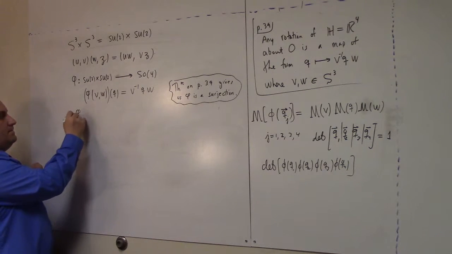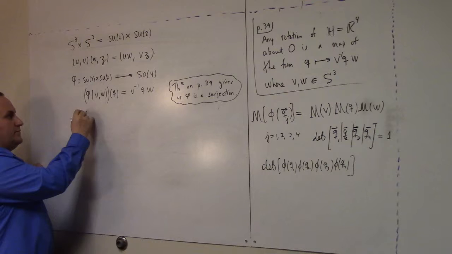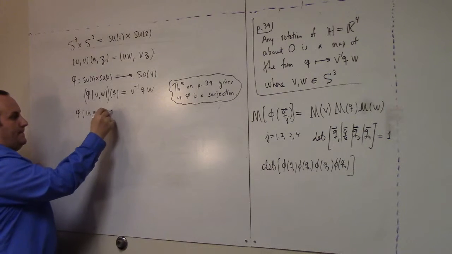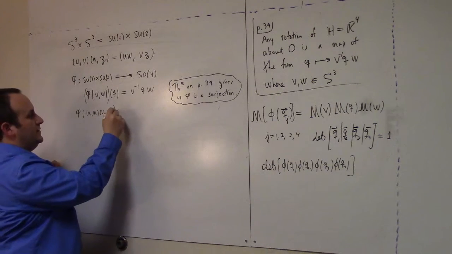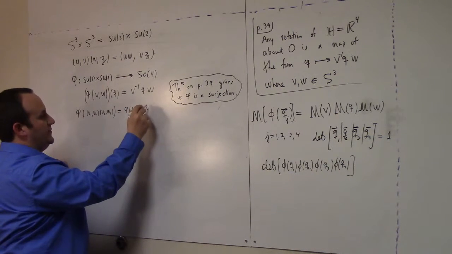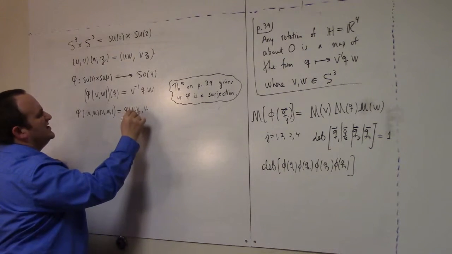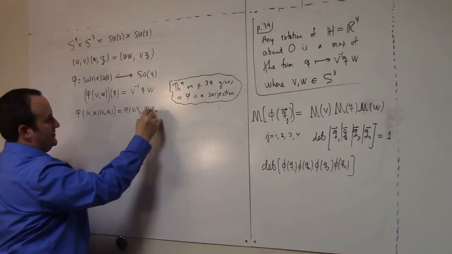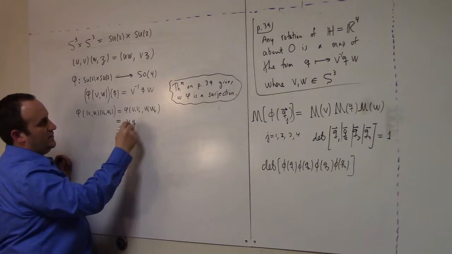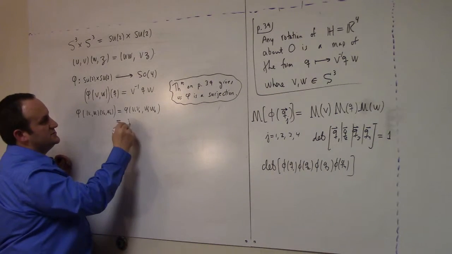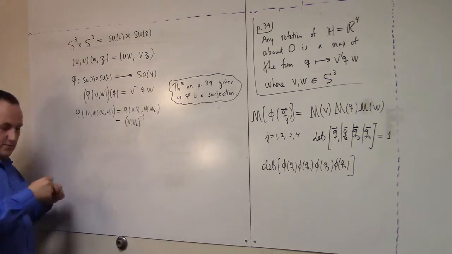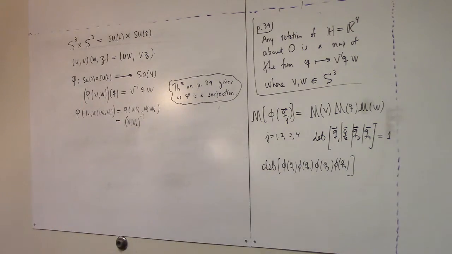If I take phi of V1 W1 times V2 W2, I get phi of V1 V2, W1 W2, which is V1 V2 inverse, and I want this thing to act on Q, right?